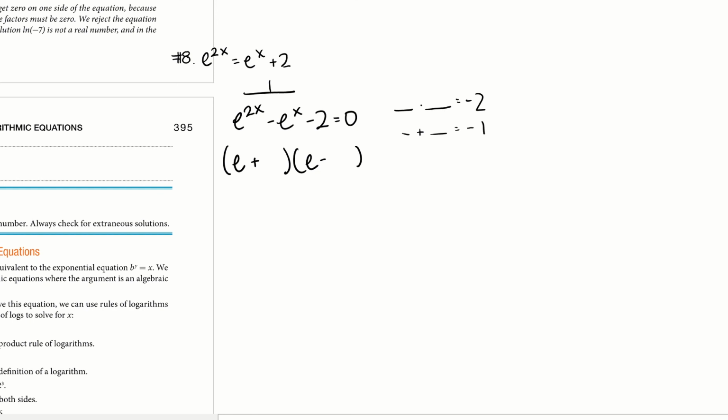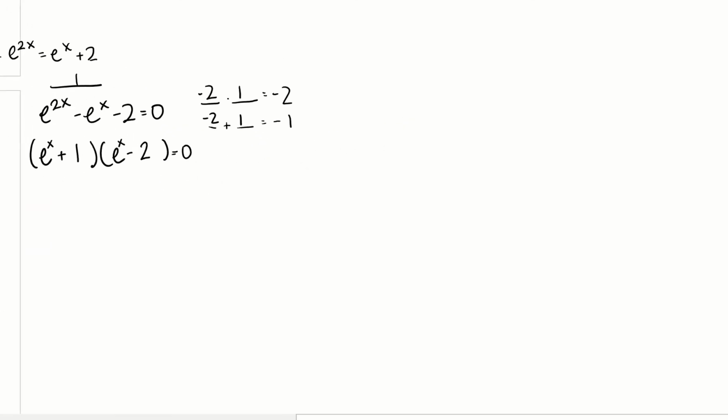That would be negative 2 times 1, minus 2, so equals 0. This would be e^x. If you can follow that, awesome. If not, have no fear, there's a better method.